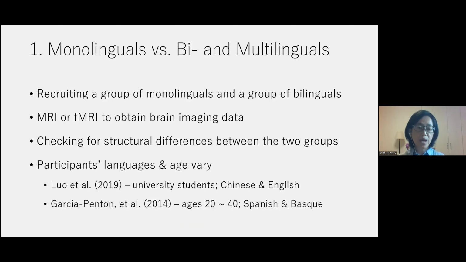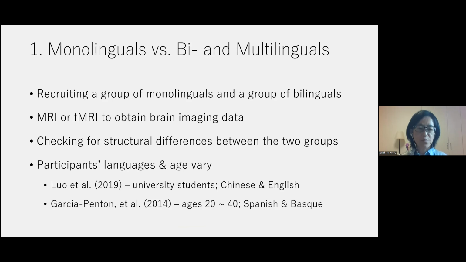And then they will compare to check for any structural differences between the two groups of people. Research conducted in this approach has used different groups of people.